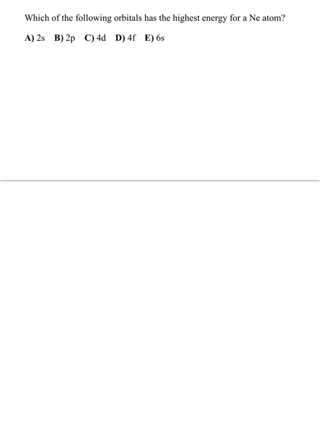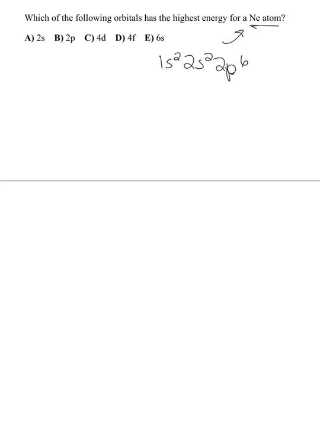Okay, which of the following orbitals have the highest energy for neon? Well, looking at neon, you just need to get in the practice of writing the electron configuration whenever you get these kinds of questions. That's usually how you problem solve for these. So neon, I found it on the periodic table, and I see it's 1s2, 2s2, 2p6.